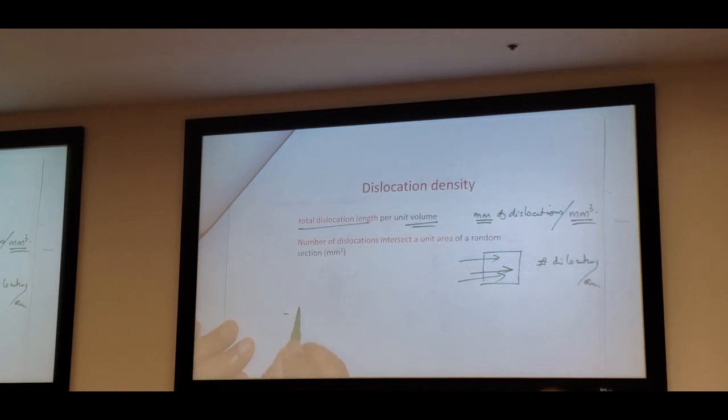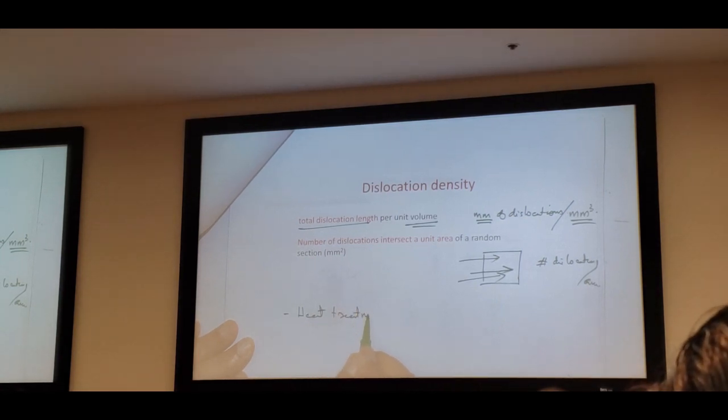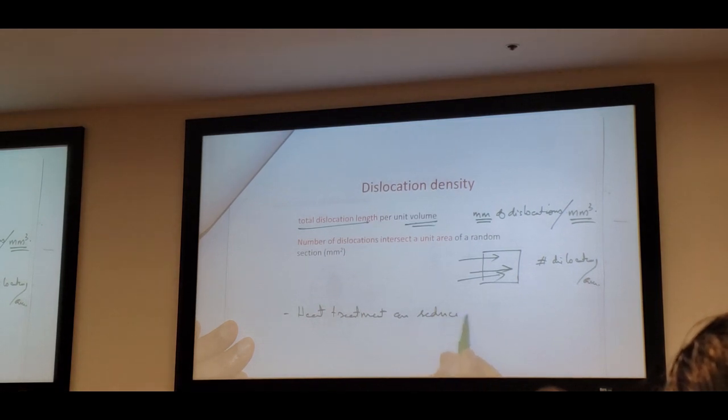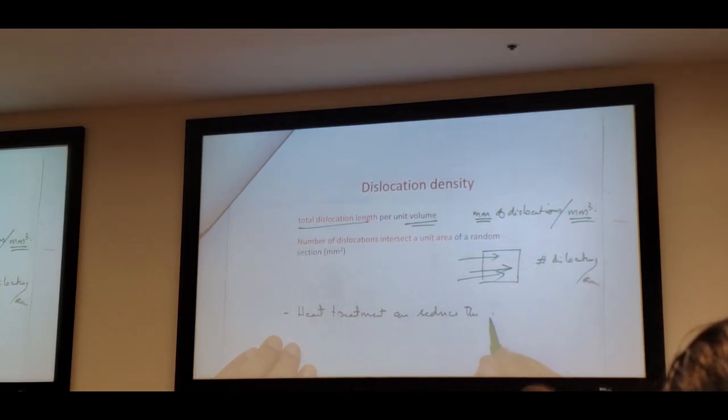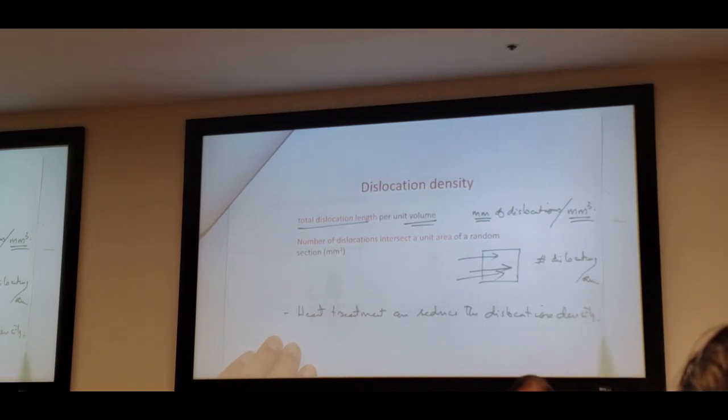And heat treatment can reduce the dislocation density. Okay, remember that heat treatment can reduce the dislocation density. How? You will see it later.